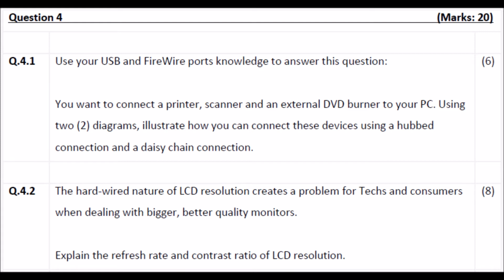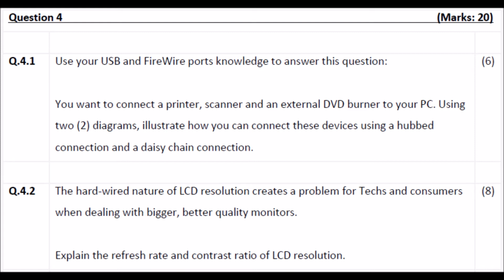I think if you're looking at it from a very basic perspective, remember when you're looking at a refresh rate, it's the same that you'd find with CRTs in terms of the actual measurement. But in essence, refresh rate is how often a screen can change or update completely. And then obviously, the contrast ratio is the difference between the darkest and the lightest spots that the monitor can distinctively display there.